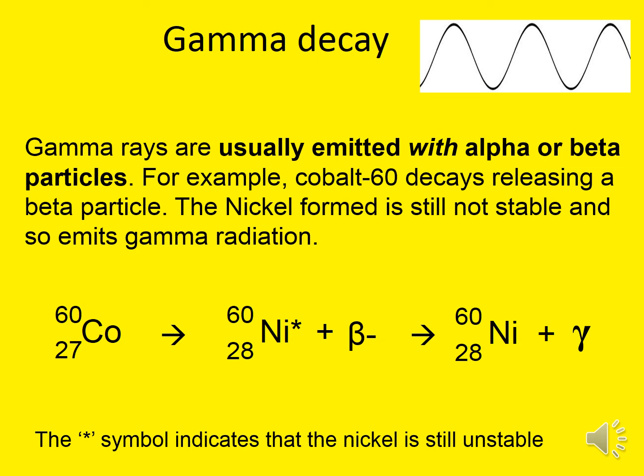Okay, so again, gamma rays are usually emitted in association with other types of radiation, rather than just on their own randomly. Something happens, a particle, alpha, beta or positron emission takes place, and then to finally stabilize itself, a gamma ray or gamma rays are often given out after that, just to result in additional stability.